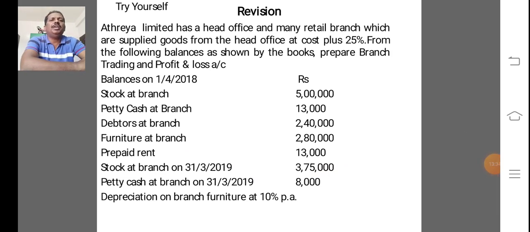Atriya Limited has a head office and many retail branches which are supplied goods from the head office at cost plus 25%. From the following balances shown by the books, prepare branch trading and profit and loss account.